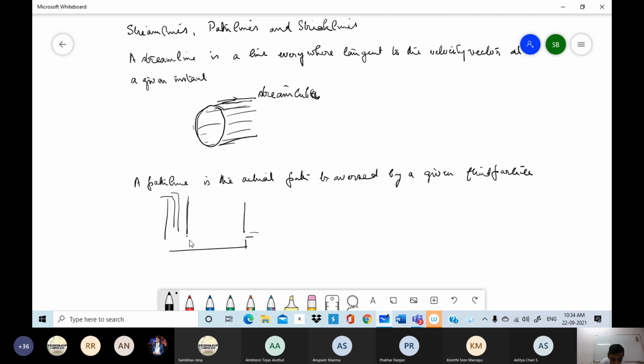So with that purpose, you inject just one drop of dye at some time inside this flow region. Then that drop of dye will move with the fluid, so it will trace out some path in this manner.